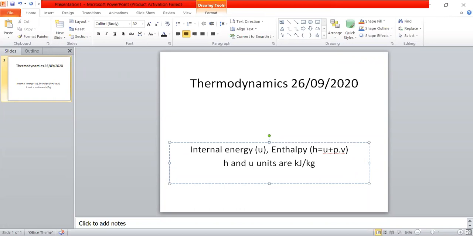When you have the units per 1 kg, we call it specific.